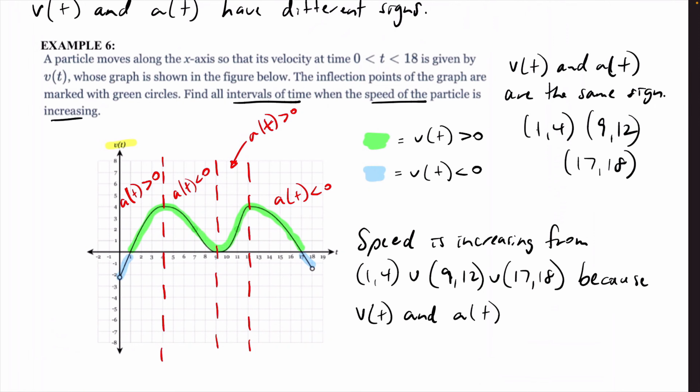Is that the bell? Yeah. Sorry, guys. There it is. That's example 6.